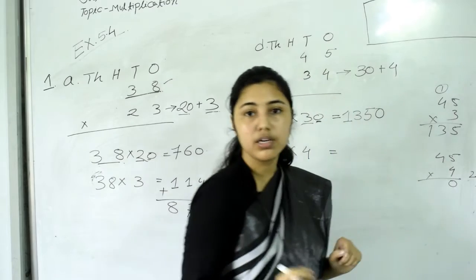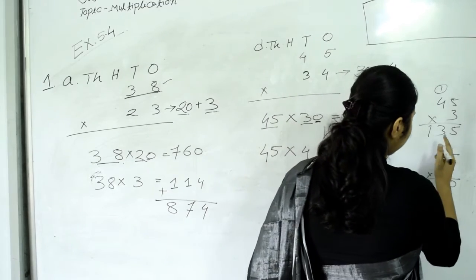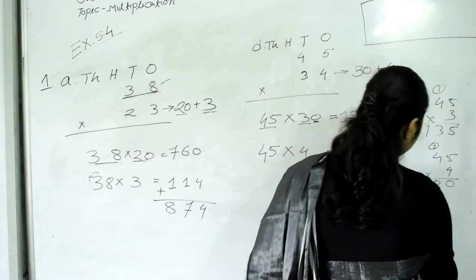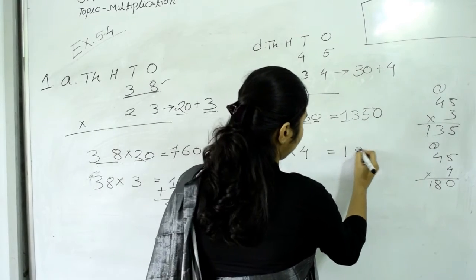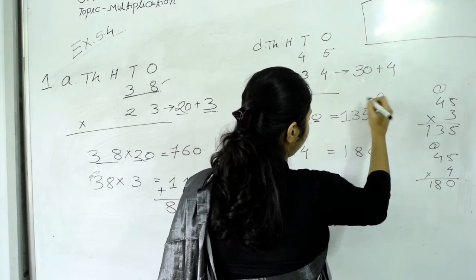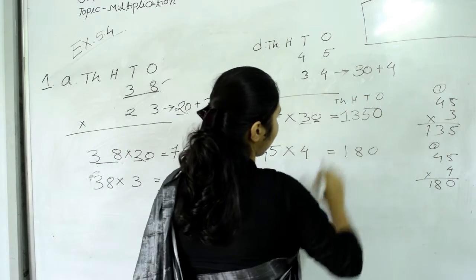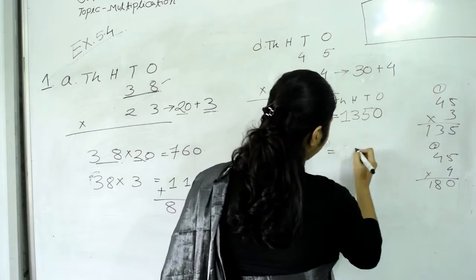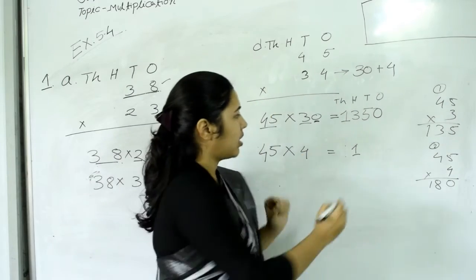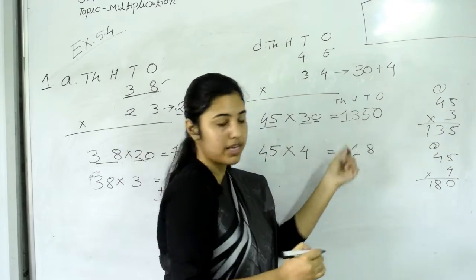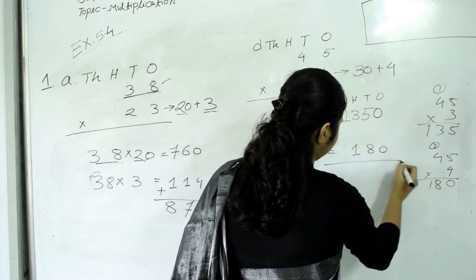And 4 4s are 16. 16 plus 2, 18. So 180. Now this is 1's place, 10's place, 100's place and 1000's place. Now write 1 in 100's place, 8 in 10's place and 0 in 1's place.